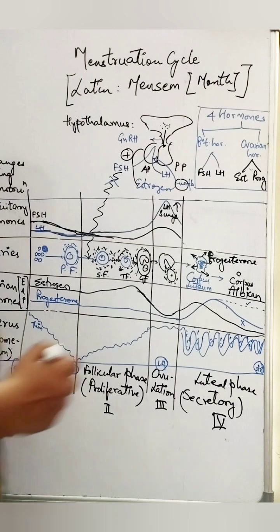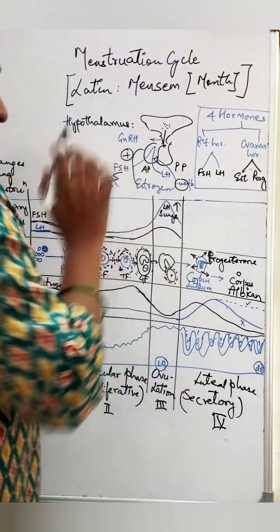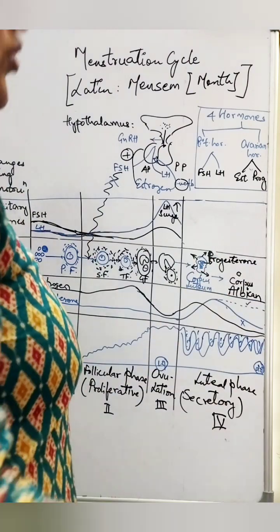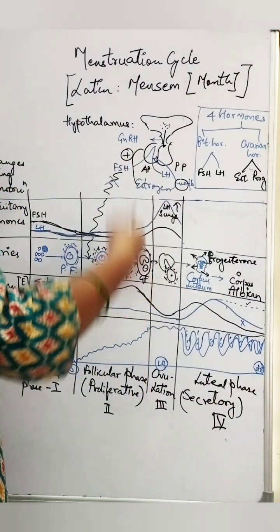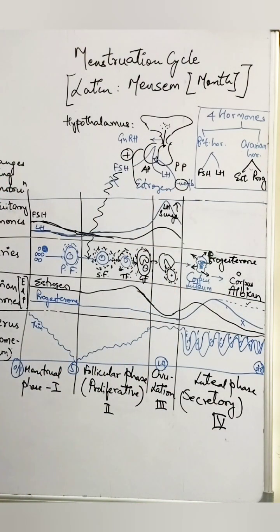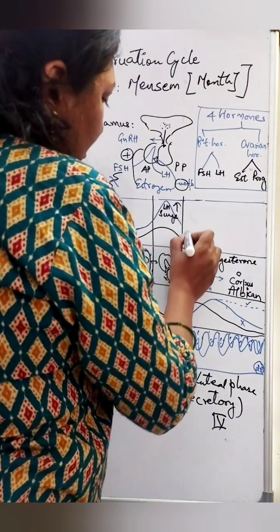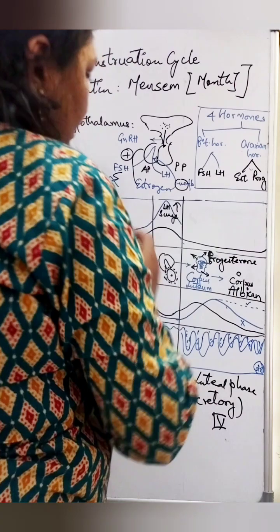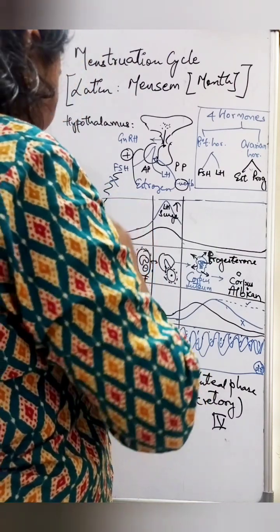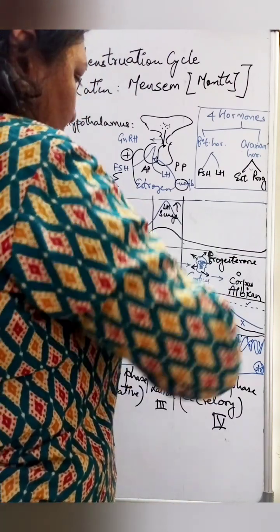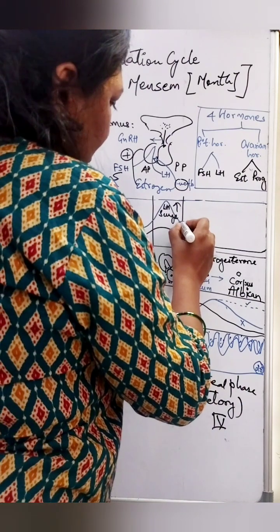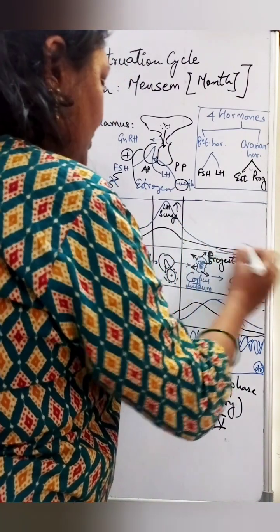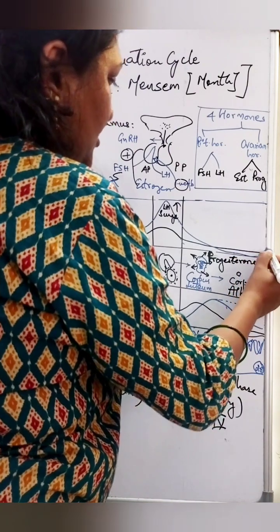Now what about the FSH and LH? Here FSH and LH do not have any role because the follicle's ovulation has already been completed. So now we can say that the graph has almost become stable or low again, and LH will be lower compared to FSH.